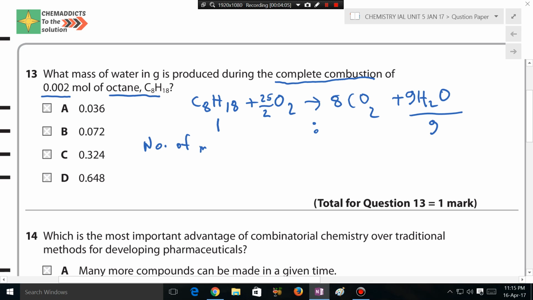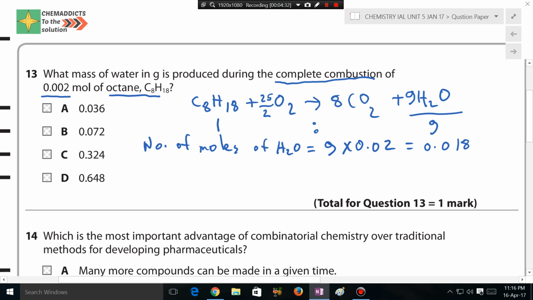let's do a little bit of arithmetic. The number of moles of water is 9 multiplied by 0.02, which is 0.18. Okay, so we have found the number of moles of water.